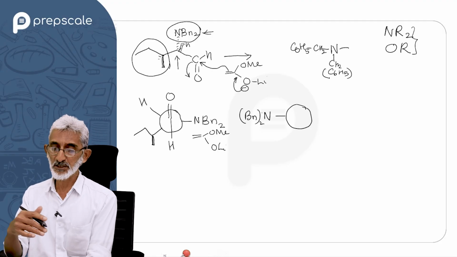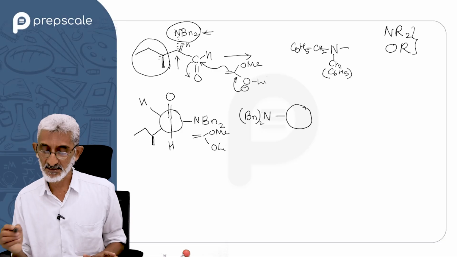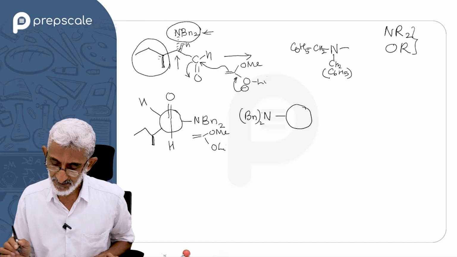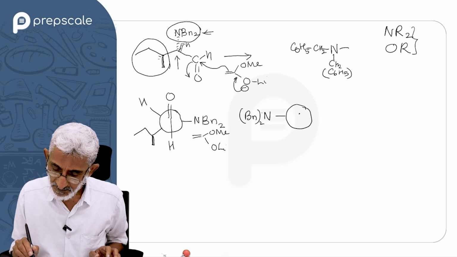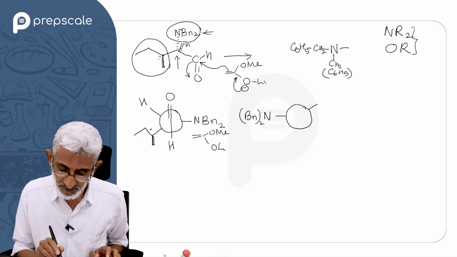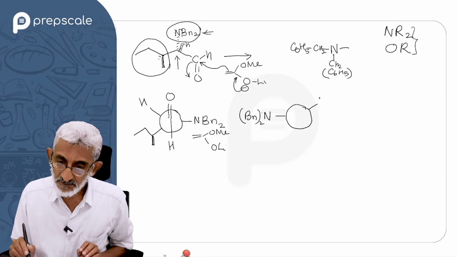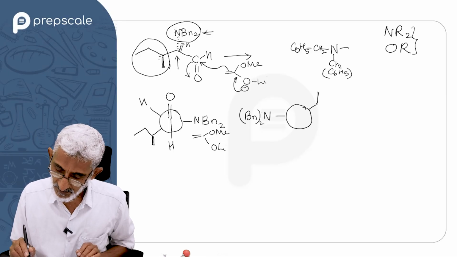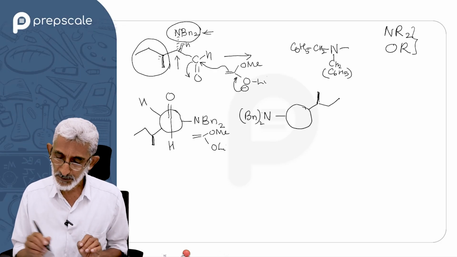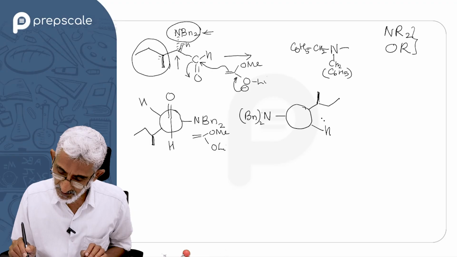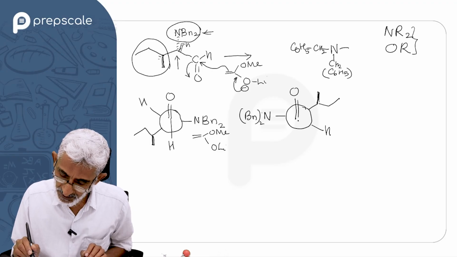Towards the end of the reaction, this particular reaction is part of a synthesis of a drug. So we have rotated to the opposite side, where this group comes to the top. And my hydrogen comes here, and I have the keto group here and H here.